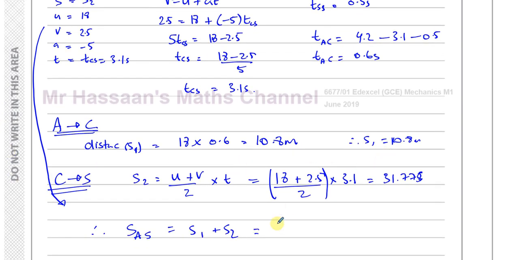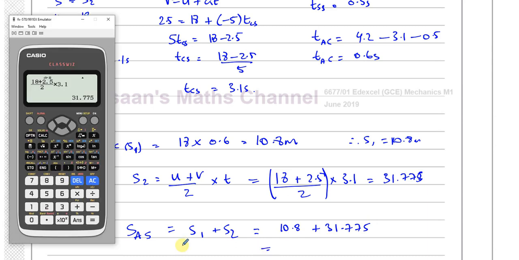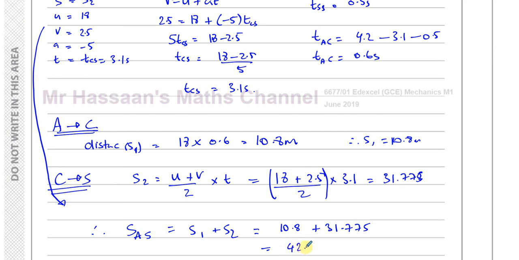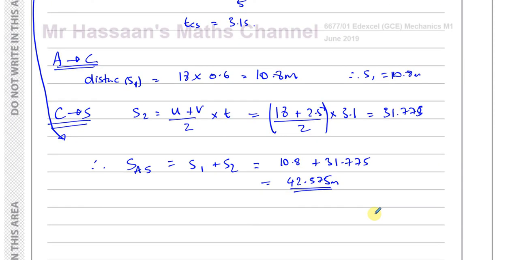Yes, 10.8 plus 31.775, which gives us 42.575 meters. That's an exact value. You can leave it like that. We don't have to round it. You could, if you want to. I'm sure they would accept 42.6 meters as well, but you can leave it like this.